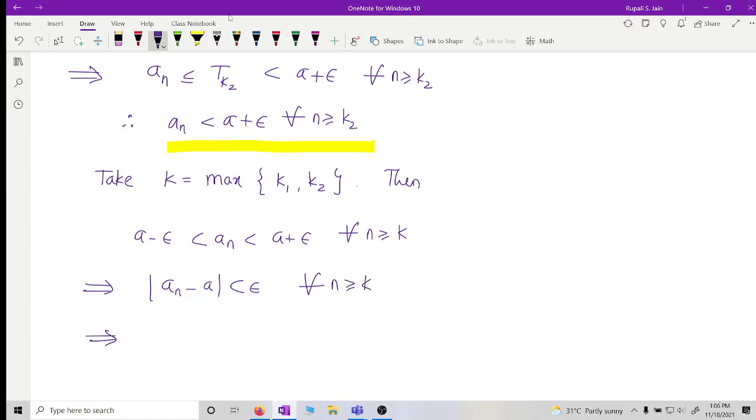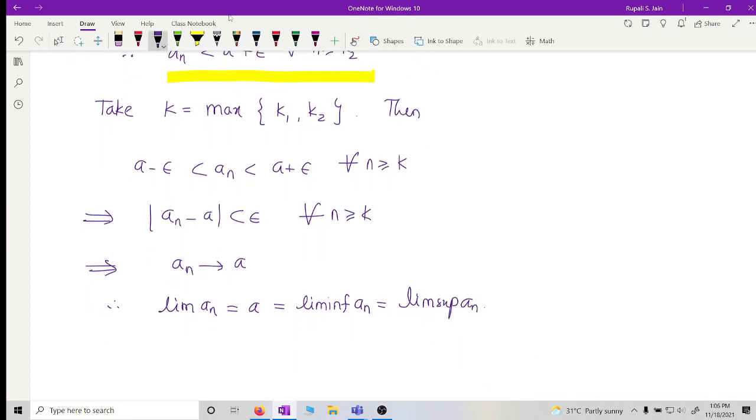So this implies a_n converges to A, and therefore the limit of a_n is nothing but A, which is nothing but liminf of a_n, which is nothing but limsup of a_n. Is that right? This completes the proof. Okay. Any doubt?